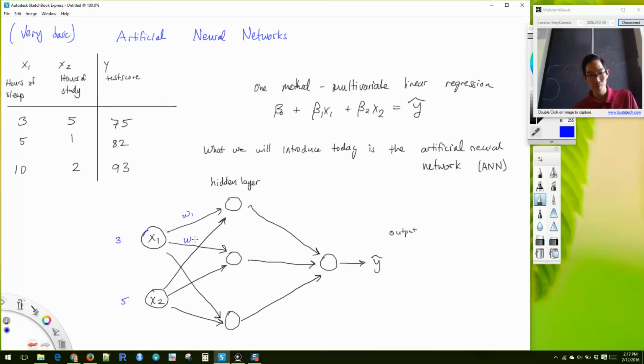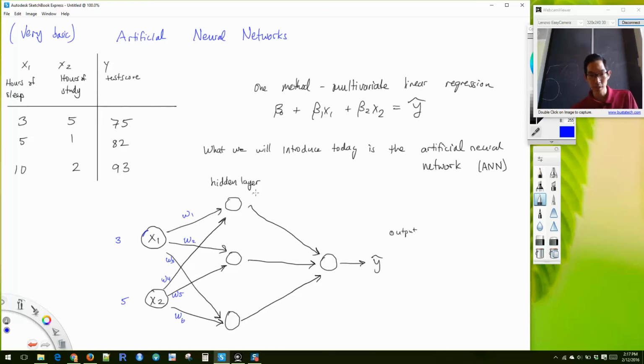I'm trying to remember the notation here. I'm just going to call it weight 1, weight 2, weight 3. And so they each get multiplied by a weight. At each neuron here, or node here, we're going to take these 2 values and combine them.